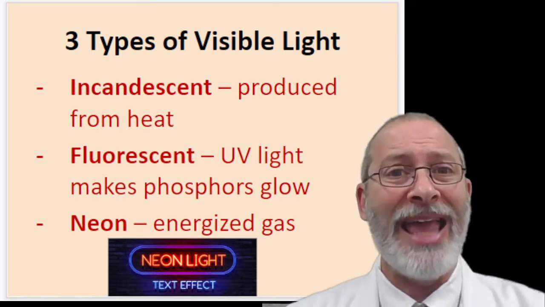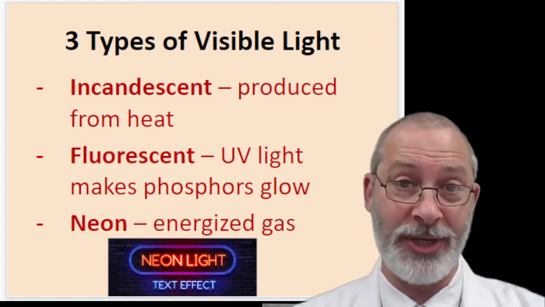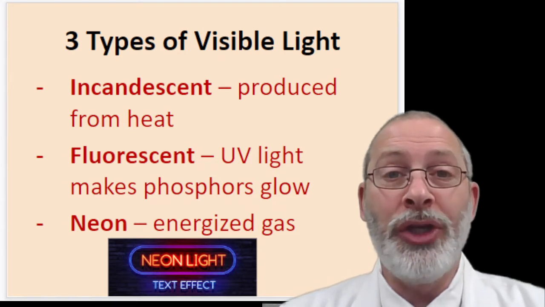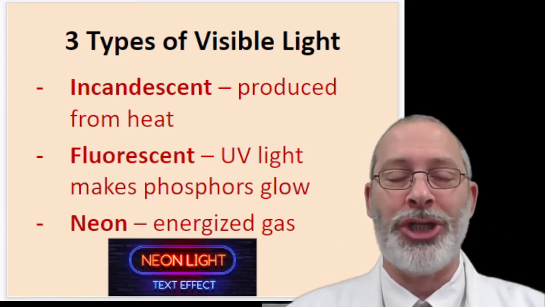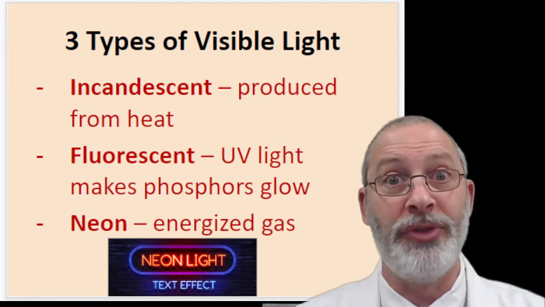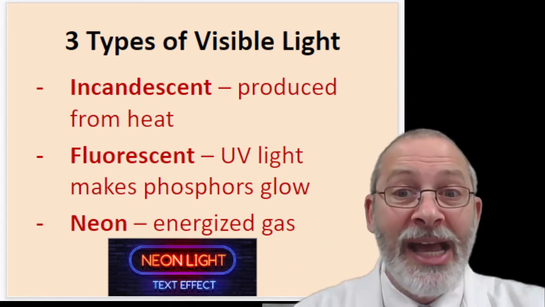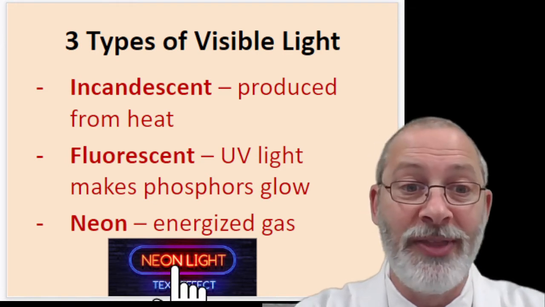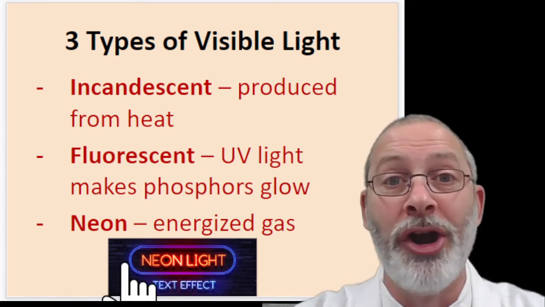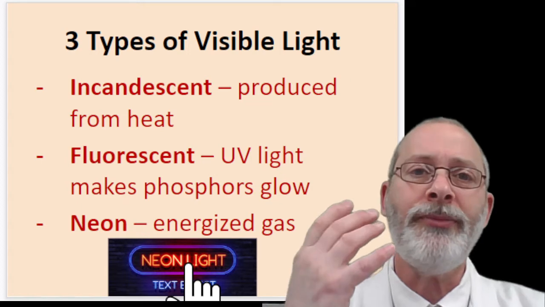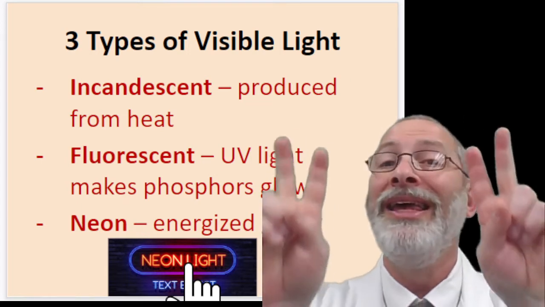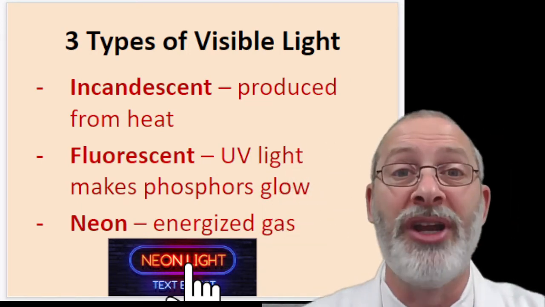But these gases have interesting properties to them. When you send energy in the form of electricity through these gases, they glow different colors. Neon glows this color, kind of a reddish orange color. But I'm sure you've seen other neon lights of different colors.